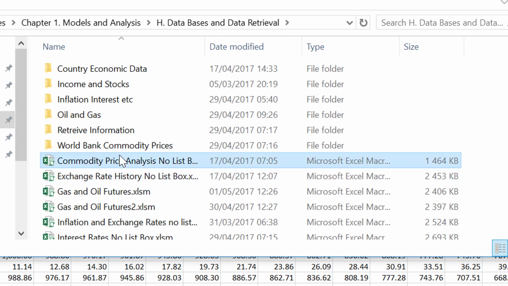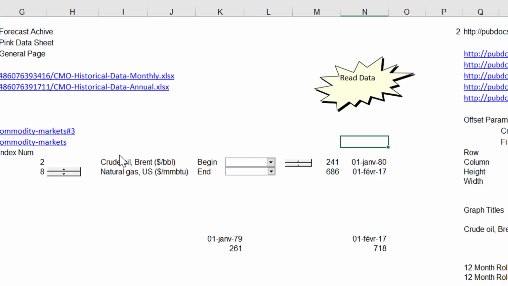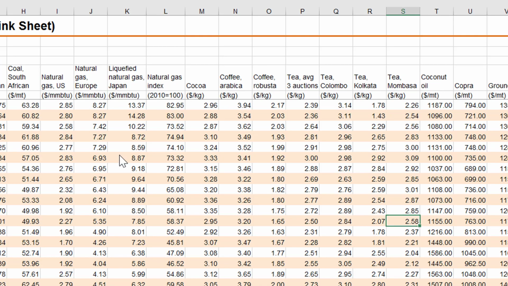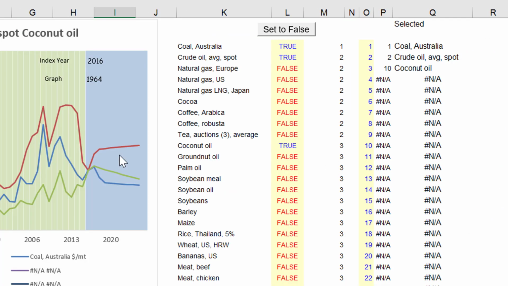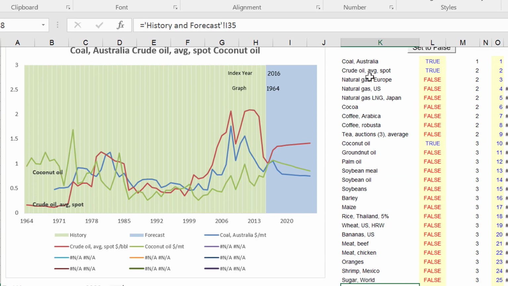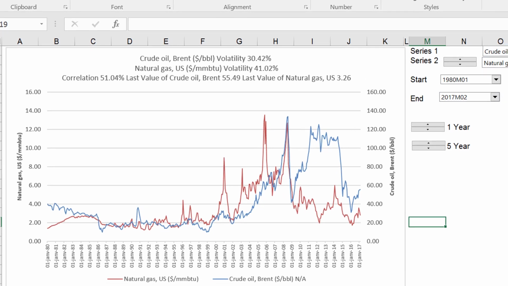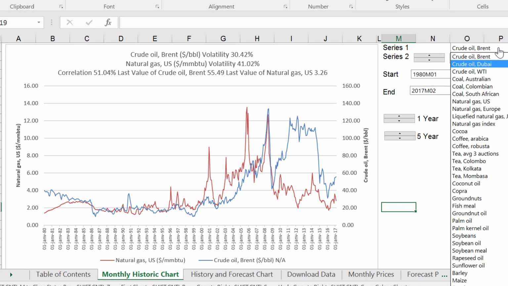Now, if you go to commodity prices, I've shown you this a few times, and I have not updated this. I updated this to put our little check boxes here. But if you look at all the commodity prices that are available, these are the forecasts made by the World Bank, but more importantly, these are all of the different commodity prices.